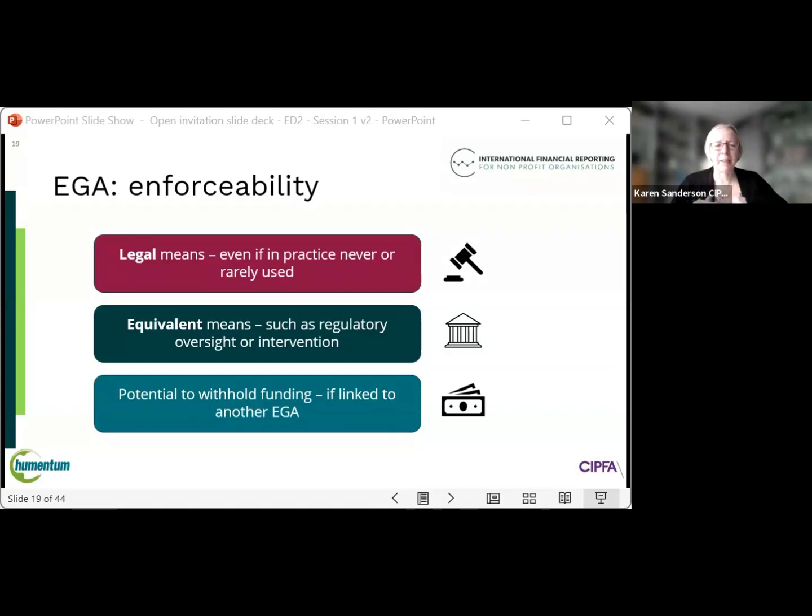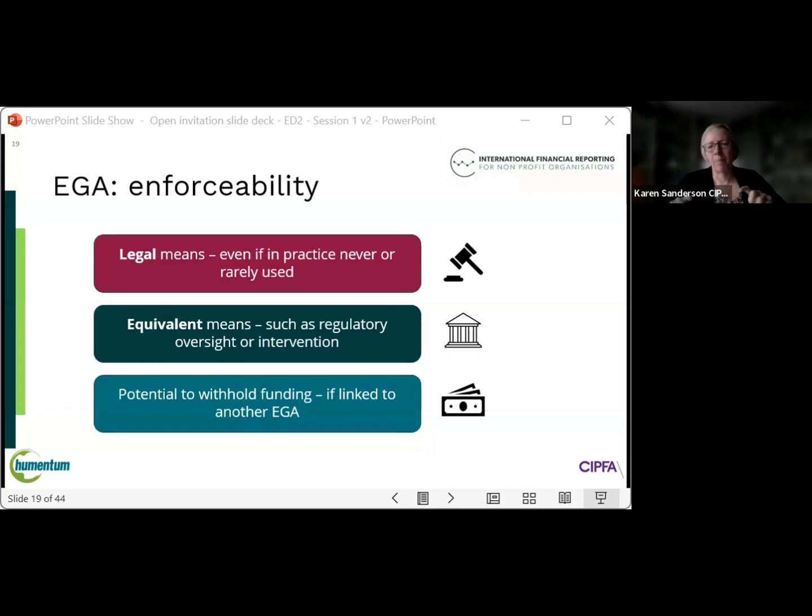Secondly, it can be if there's something that exists in a particular jurisdiction, such as regulatory conditions or custom and practice that has the same resonance as legal enforcement, that may be sufficient as well to create enforceability.